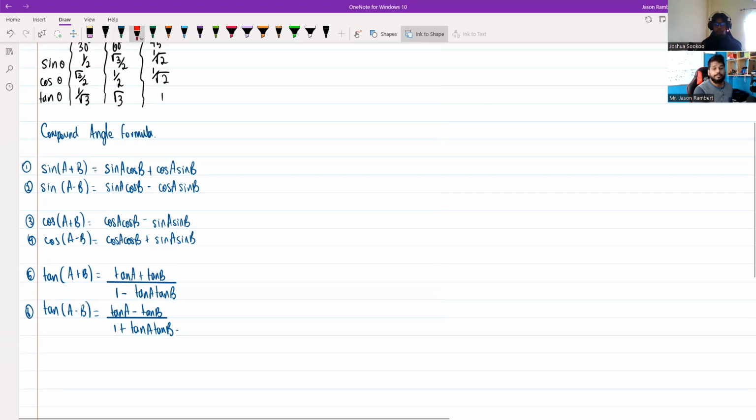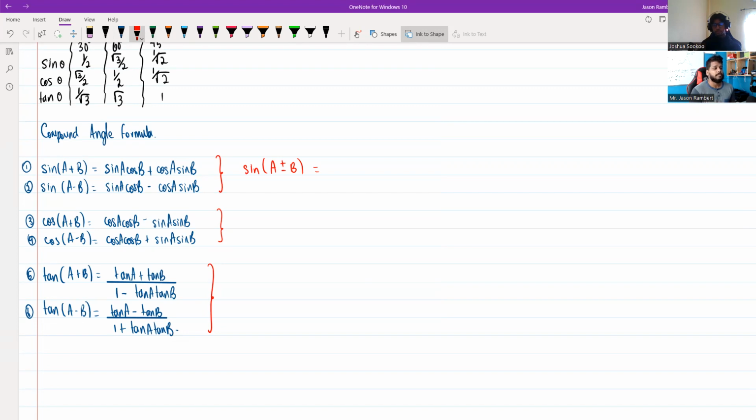Now I can generalize these 3 pairs, and I want you to understand how we generalize it, right? It's just plus or minus now. So this one will be sine of A plus or minus B. For sine of A plus B, I'll use the operation on the top.